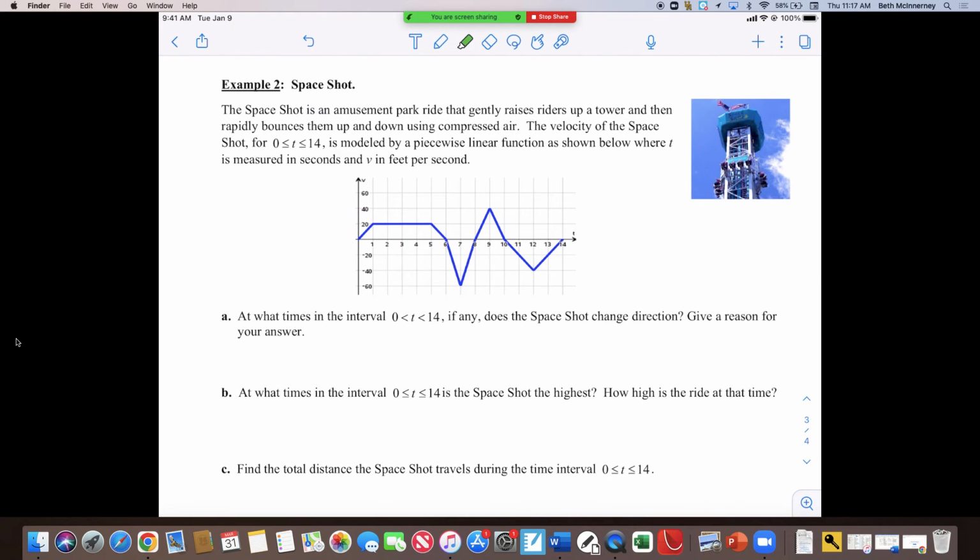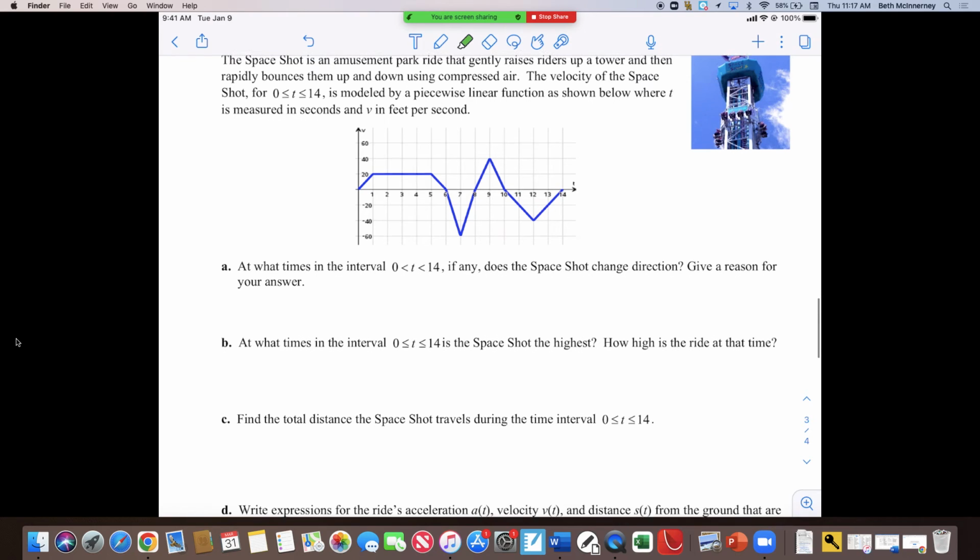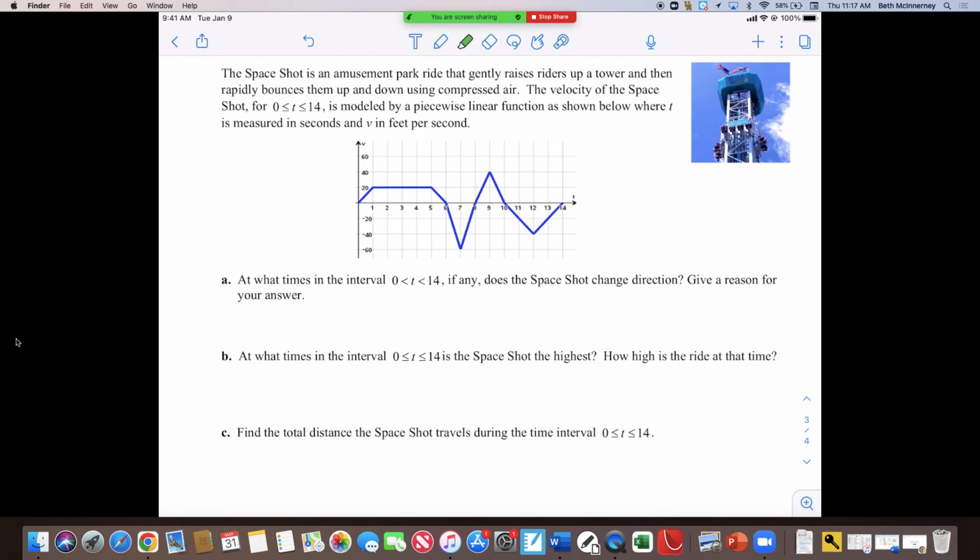T is measured in seconds and v is in feet per second. At what times, if any, does the space shot change direction? Give a reason for your answer. So this is the graph of the velocity. Take a moment and see if you can see where the space shot changes direction, going up to down or down to up.